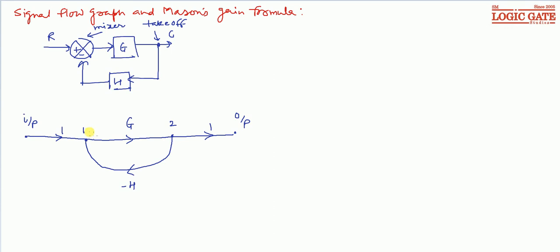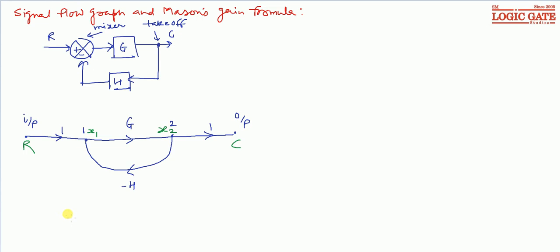For example, variable for node 1 is x1 and variable for node 2 is x2. So this is basically a signal flow graph for this block diagram. One more thing: for the input node, variable is R, and for this output node, variable is C.